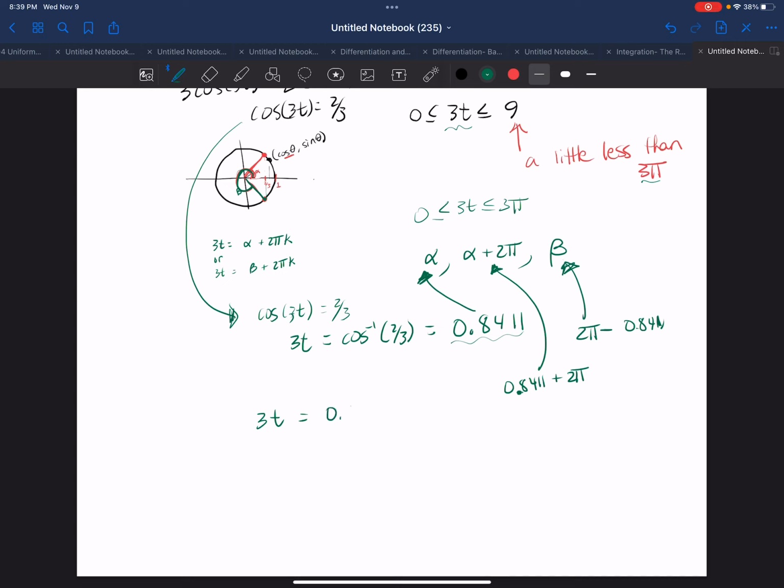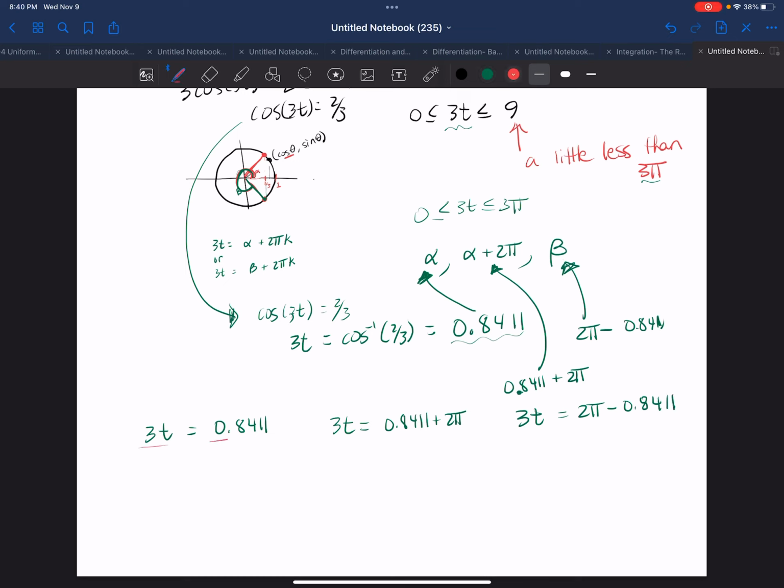So 3t equals 0.8411. That's one equation, and that corresponds to alpha. Then I have 3t equals 0.8411 plus 2 pi, and my last equation, 3t equals 2 pi minus 0.8411, which corresponds to that beta angle.